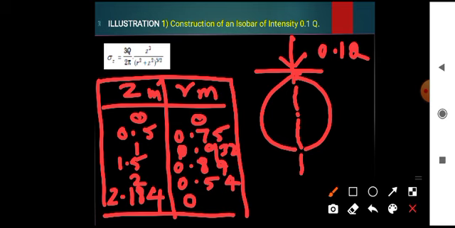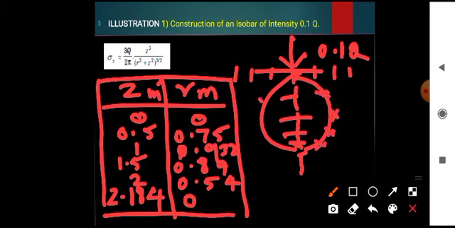On graph paper, mention the depth as 0.5 meter, 1 meter, 1.5 meter, 2 meter and 2.184 meter, and in the horizontal direction mark r as 0.5, 1, 1.5. We go on plotting all these points, then join them with a smooth curve.